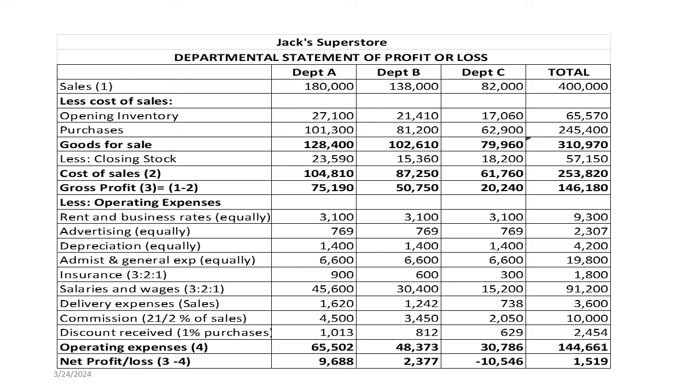And if you take 1% of Department B purchases of 81,200, you get 812. This one we do also for Department C. Discount received is 1% of purchases, and the purchases in Department C are 62,900. So 1% of 62,900 will be 629.